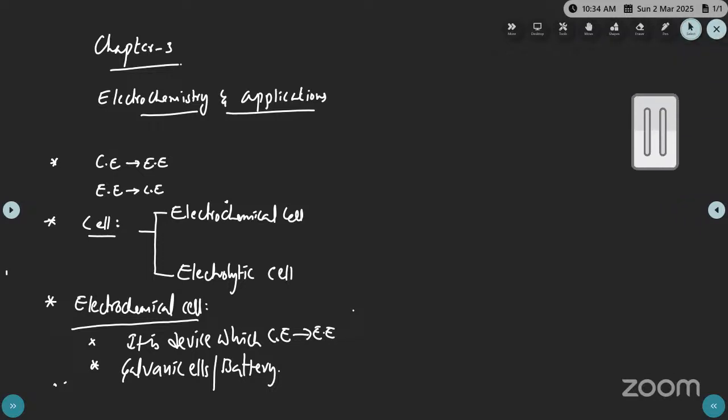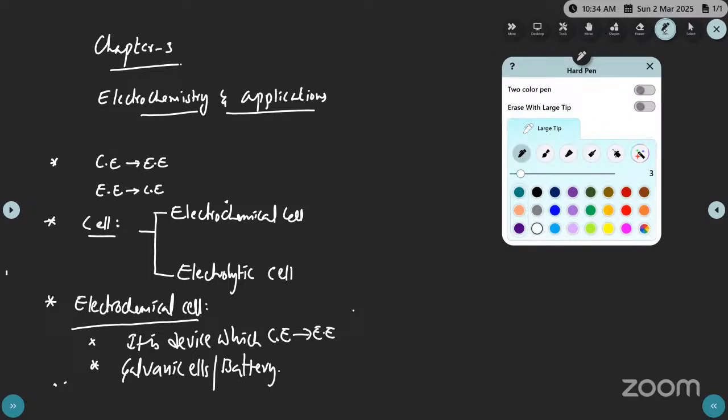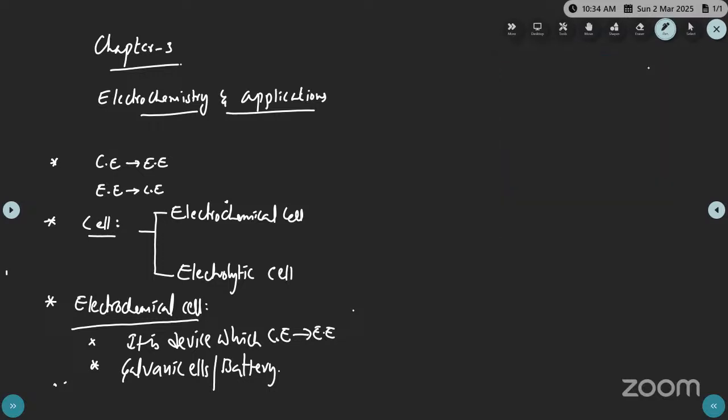Right, so then examples of electrochemical cells. What are the examples of electrochemical cells?